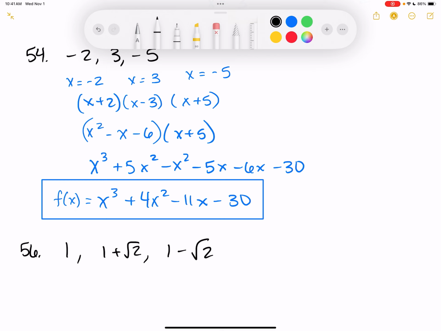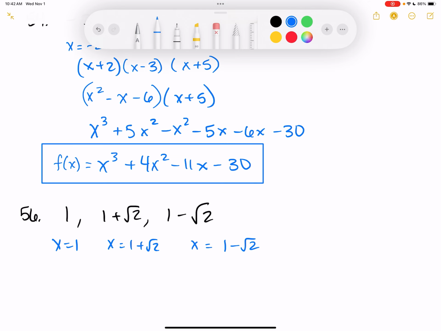But this is, again, one of the problems where I say you need to probably write them like I did up here as x equals whatever because of moving things over. And I say that only because I've seen people mix up the signs a lot when it's stuff like this as a 0. So you would have x equals 1 plus the square root of 2, and x equals 1 minus the square root of 2.